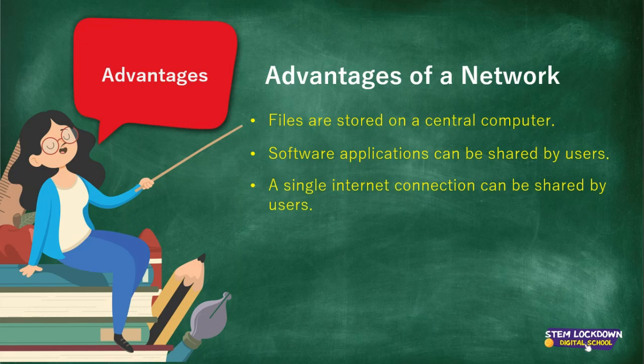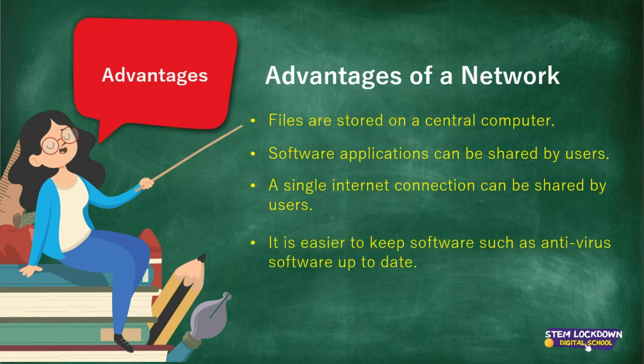Again, the internet connection comes from the server, then it's distributed to all the users in the network, right? It is easy to keep software such as antivirus software up to date. Remember, we said the network software also covers the security issues. So if you install the antivirus on the server, then it distributes the services to the rest of the network to protect it. All right.